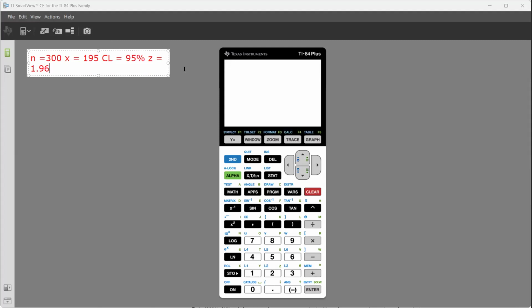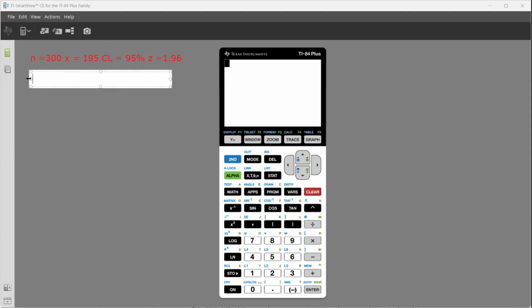Okay, but there's a couple of things that we need to check first. Before I actually start doing the work, I'm going to say, okay, what is my parameter? My parameter, remember, there's 4 possible answers to that question: mean, variance, standard deviation, or proportion. In this case, it's the population proportion.